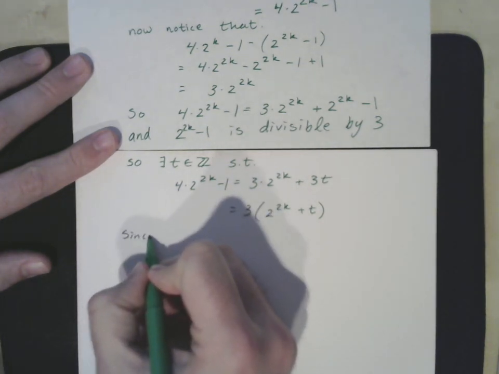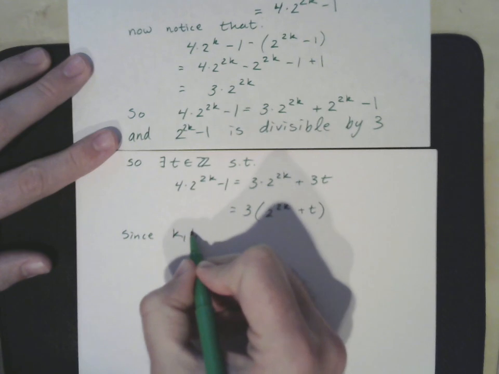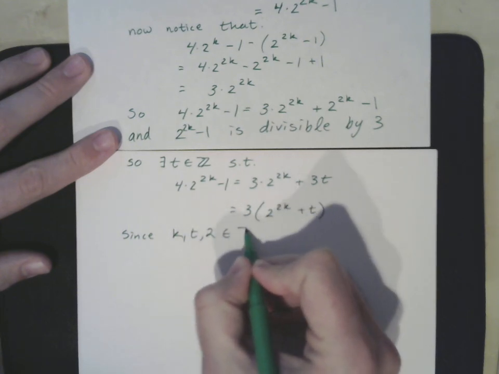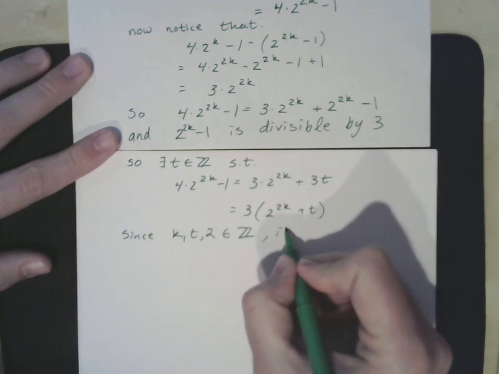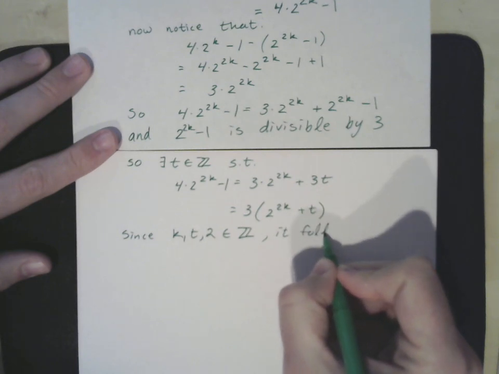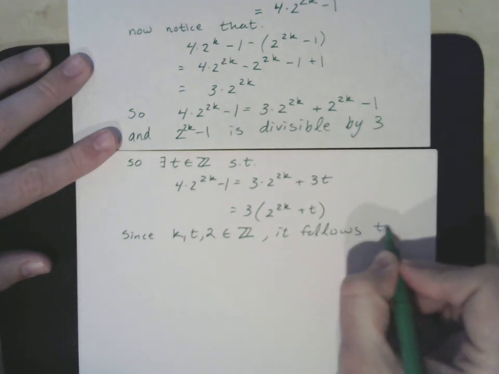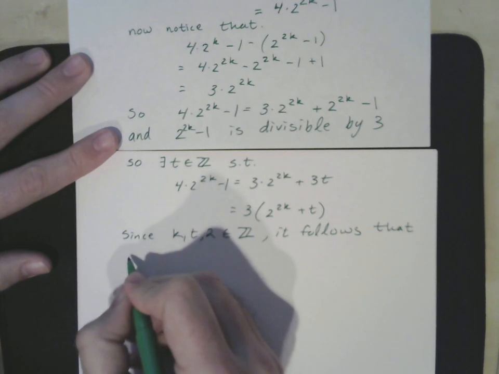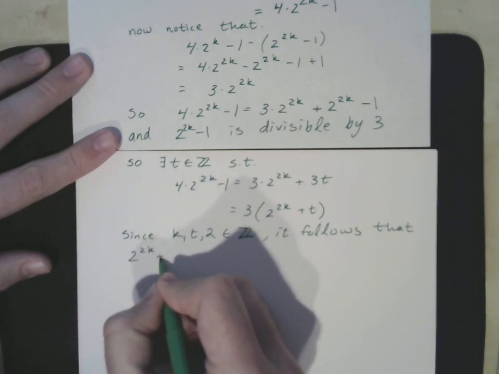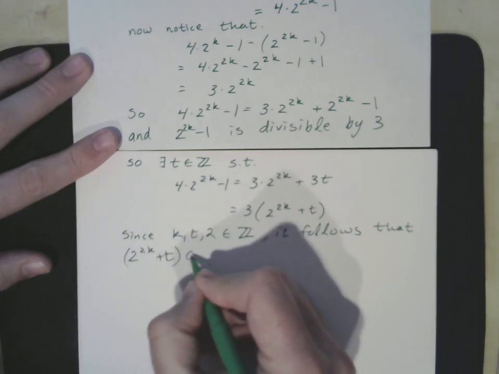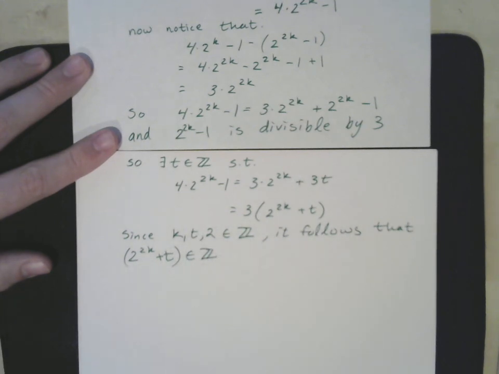And since k and t and 2 are all integers, it follows that 2 to the 2k plus t as a whole is an integer.